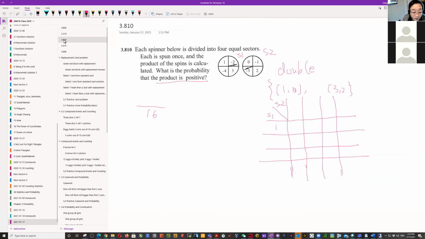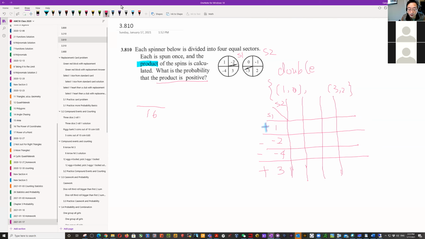And we only care about the product, and whether or not the result is positive. So I write 1 here, it's positive. 1 is positive here, negative 2 is negative, negative 4 is negative, and 3 is positive.